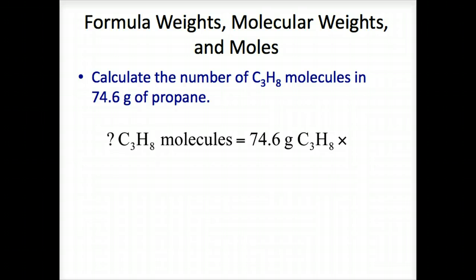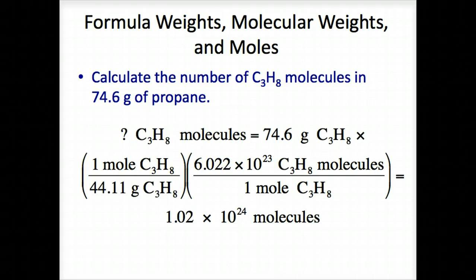Let's begin again. We were looking at calculating the number of propane molecules in 74.6 grams of propane. If I have that 74.6 grams to start with, I then have to put in my conversion factors.